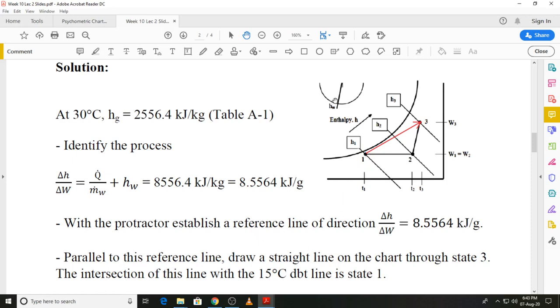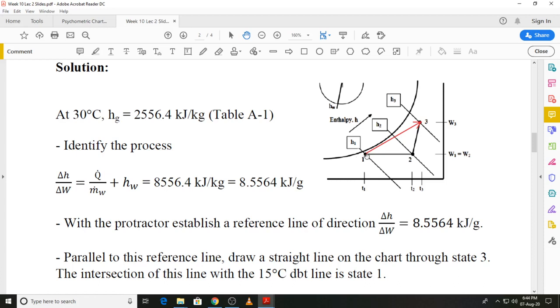So once we have got the line drawn on the protractor, we will draw a line parallel to this line from state 3, and it will intersect this line of constant T1 at some point, and that is the state that we are interested in at the inlet, that is state 1.